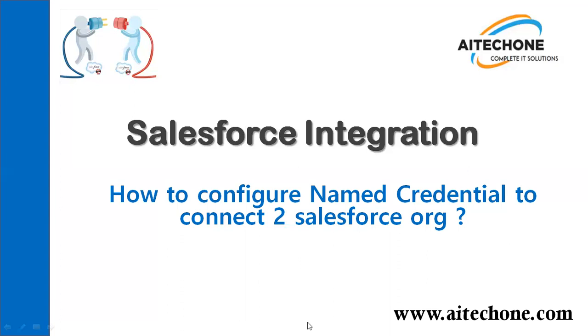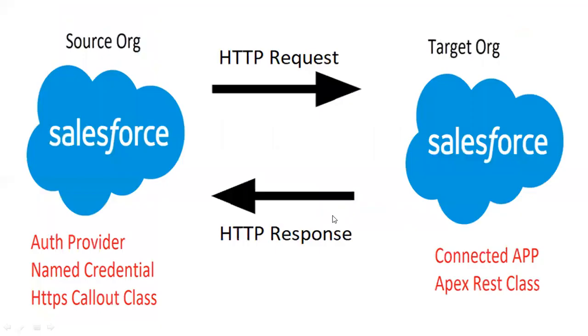So in order to explain this concept, let me show you one diagram, the architectural diagram. It will be like this, that we'll be having one source org. This will be my source org, and I got a target org. So in order to explain this better, I have created two Salesforce environments. One I will take as a source, and the second one I will consider as a target org.